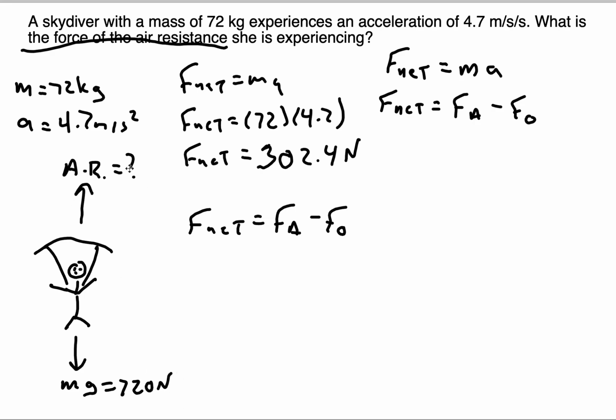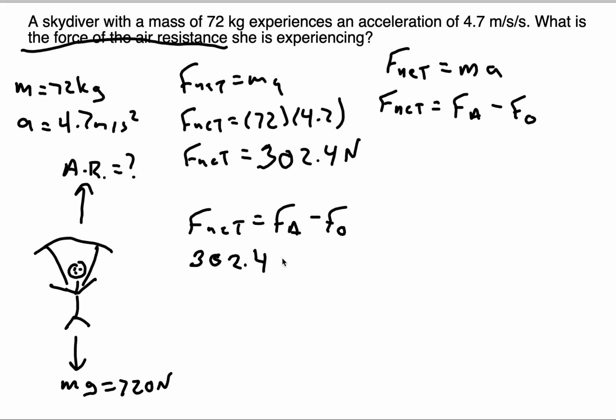So the air resistance, that's a question mark. I still don't know what that is. But I know that her weight is 720. So now I could plug everything into this equation. I know that the net force, the one force that replaces all the others, is 302.4.